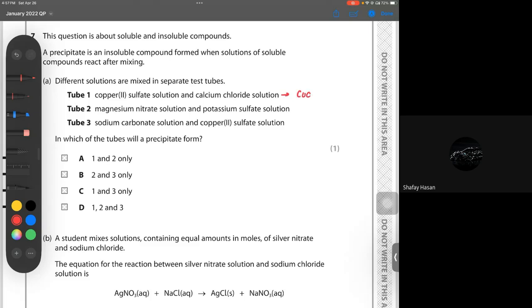CuCl2 and calcium sulfate. And in this tube, magnesium sulfate and potassium nitrate. In this tube, sodium sulfate and copper carbonate.